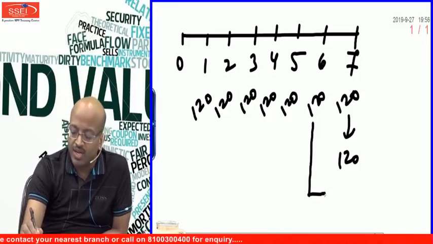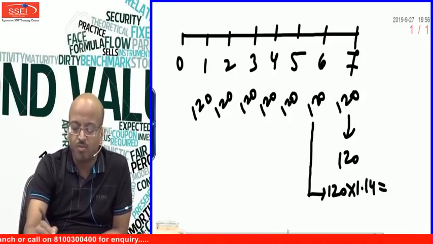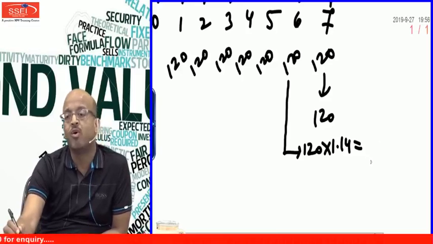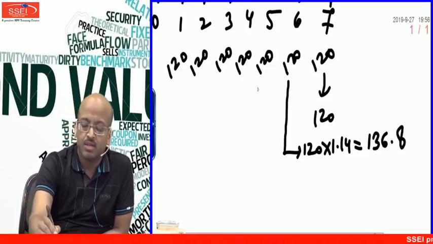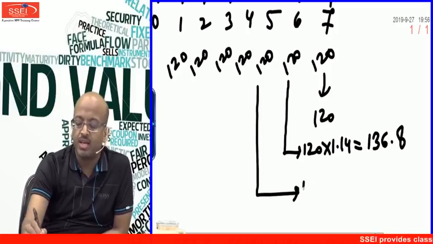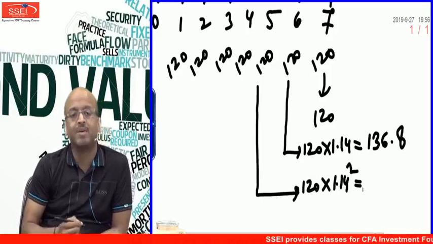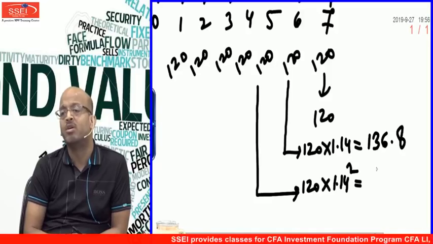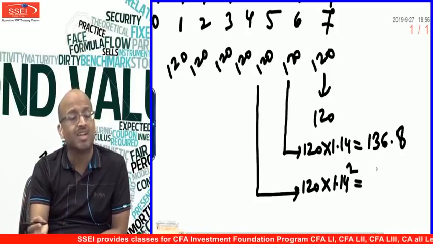The sixth 120 is 120 into 1.14. Yes, please. 136.8. The fifth 120 is 120 into 1.14 square. Now wait, please apply common sense. You can do 136.8 into 1.14. So the calculation is easy.